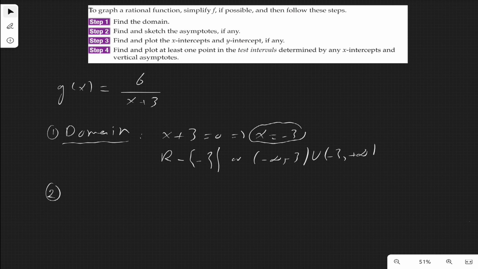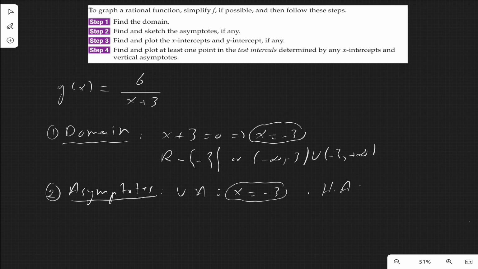Step number 2, the asymptotes. By solving the denominator, already we found the vertical asymptote. So the vertical asymptote is x equal -3. The horizontal asymptote depends on the degrees of the numerator and denominator.